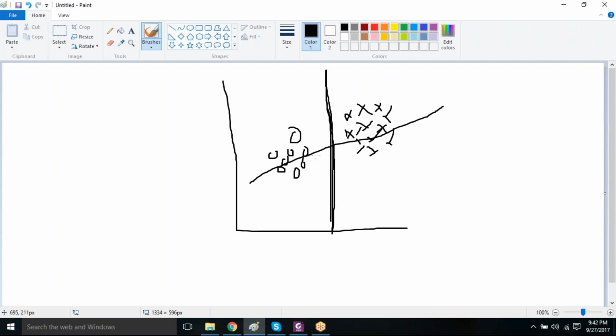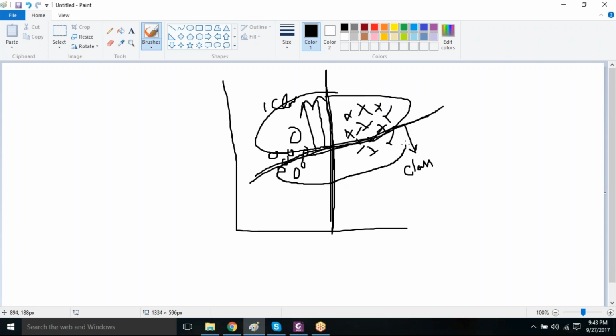So I will say that above this threshold will be one class and below this threshold will be another class. People tried this initially with linear regression only. But they found that when taking the values above the threshold, points from both the classes are coming, and below the threshold also points are coming from both the classes.